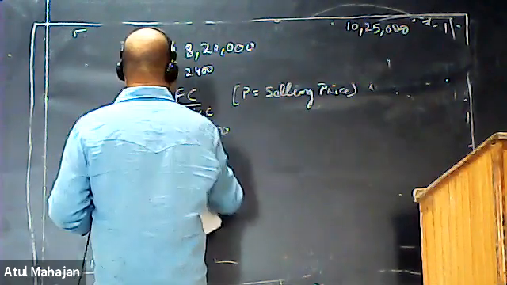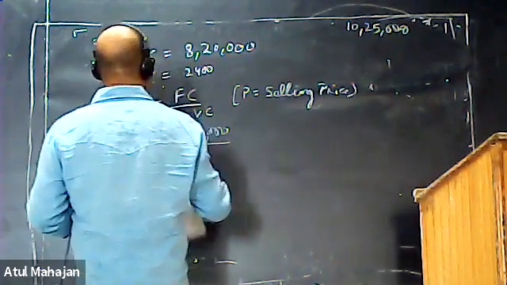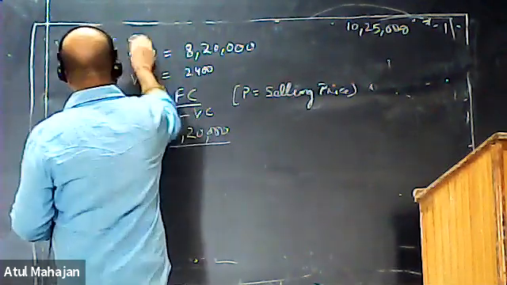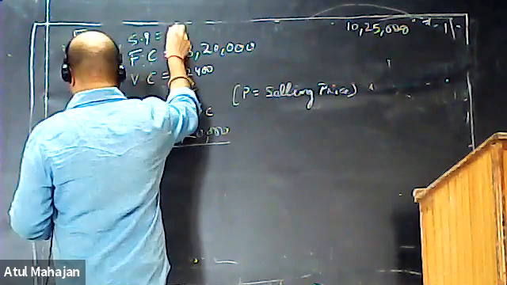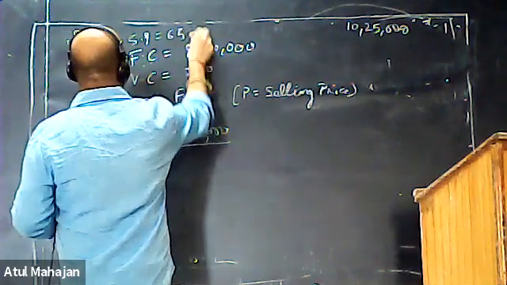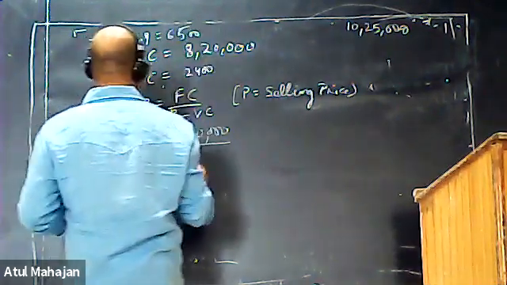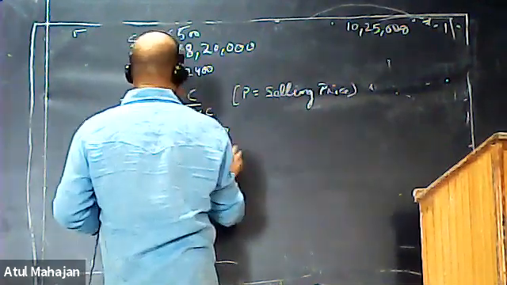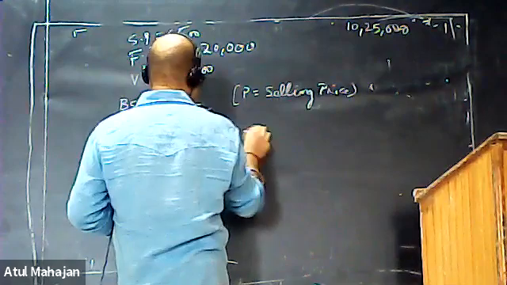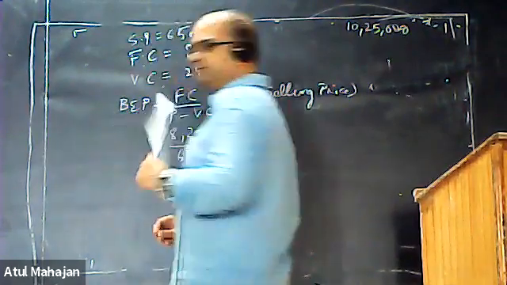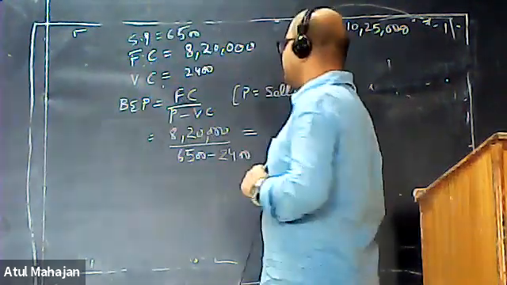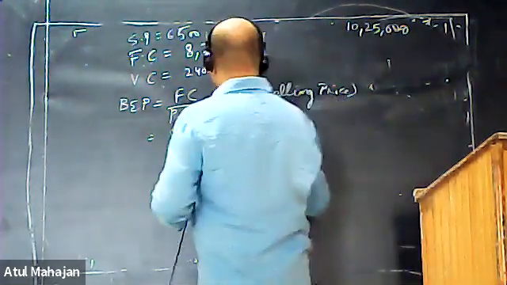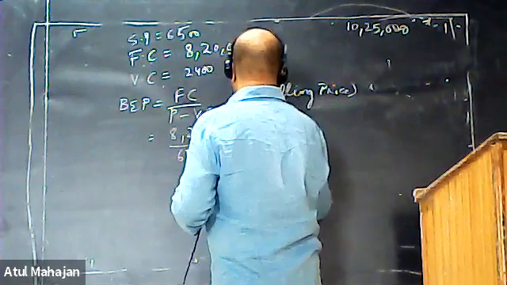The selling price is 6500 per unit, and the variable cost is 2400 per unit. So 8 lakh 20,000 divided by 6500 minus 2400 comes out to be about 200 units.